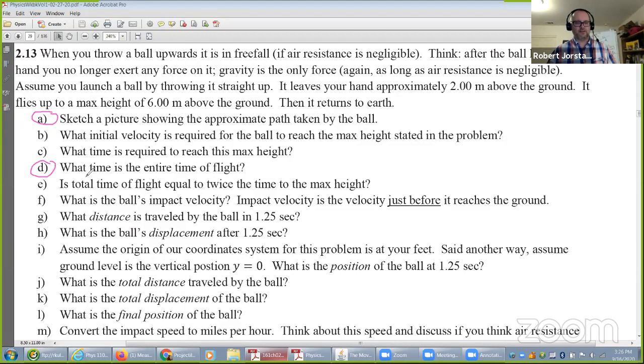Notice we're looking for the time of the entire flight. What I'd like you to do right now is read the question. You draw what you think you should draw, I'll draw what I think you should draw, and we'll compare.